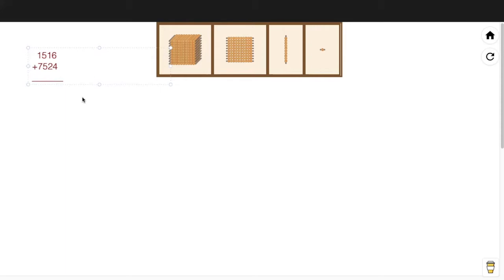All right, so that's our math problem that we're doing right now. So let's see. Caroline, can you look at the math problem and tell me how many ones I have in the first number? 6. 6, thank you.